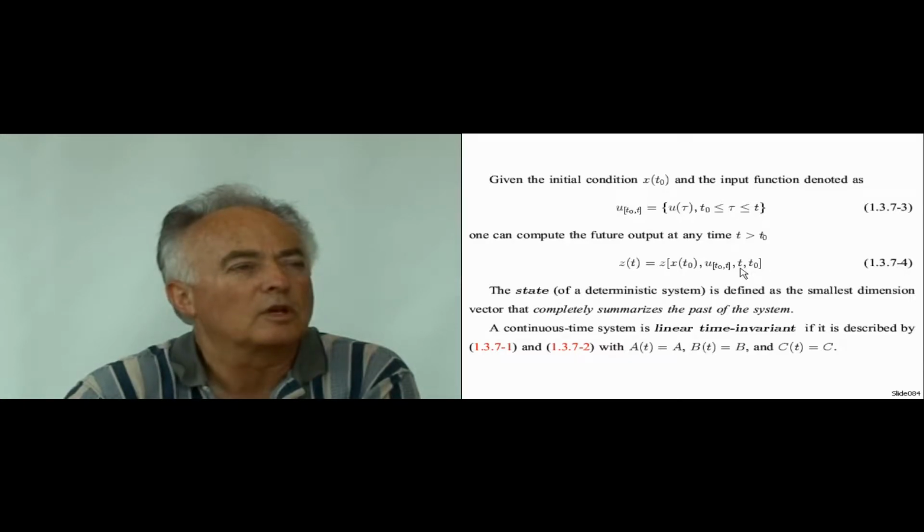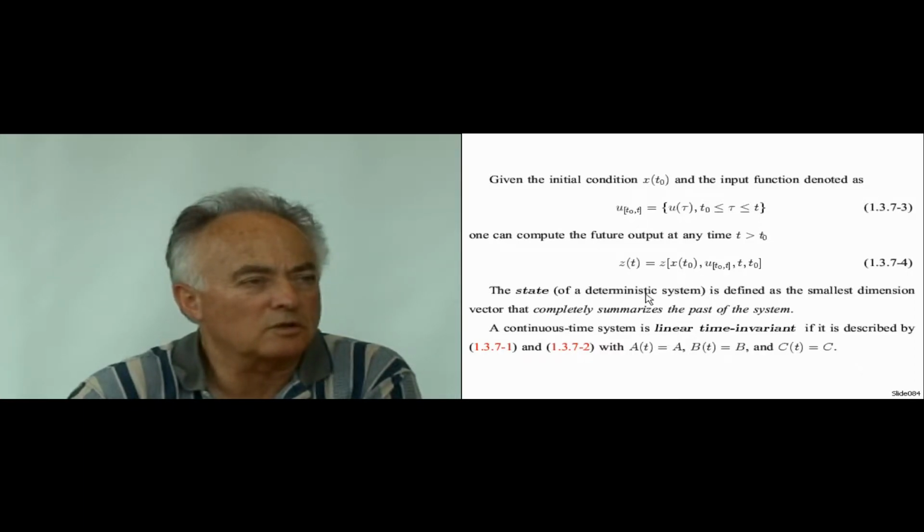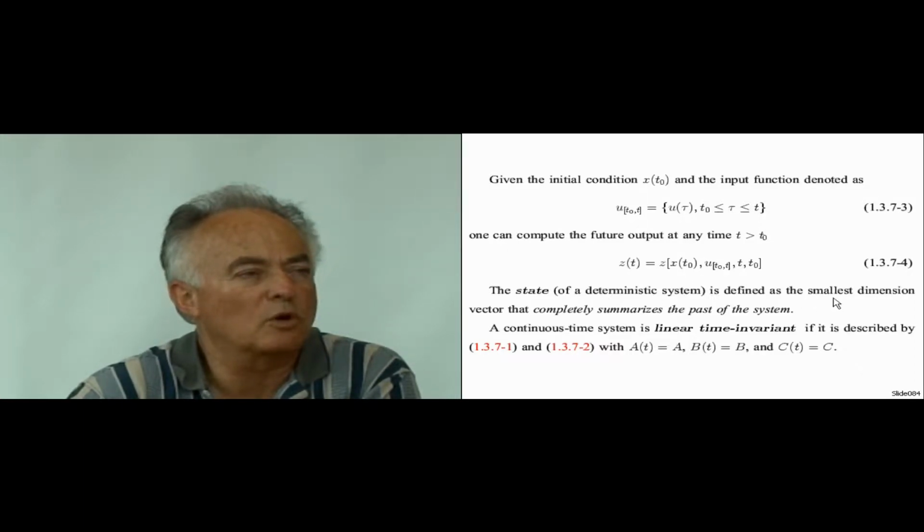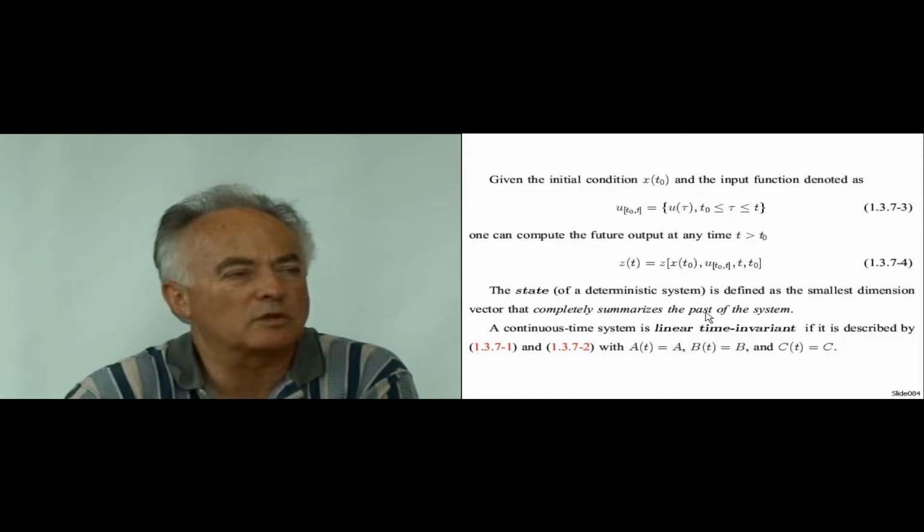Initial point is t0, final point is t. Now, the state of a deterministic system is defined as the smallest dimension vector x that completely summarizes the past of the system.